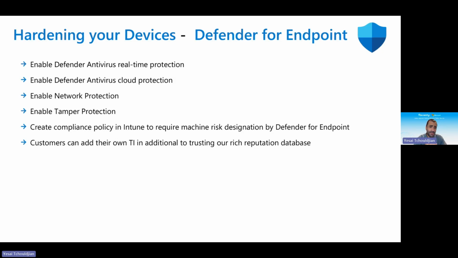We'll talk about tamper protection, what that does for you, and how that prevents you from turning off some of these capabilities. Also talk about creating a compliance policy in Intune, how Intune plays a role in here, and how to push these settings and configurations through Intune. And you can also bring your own threat intelligence to enrich the database as well.